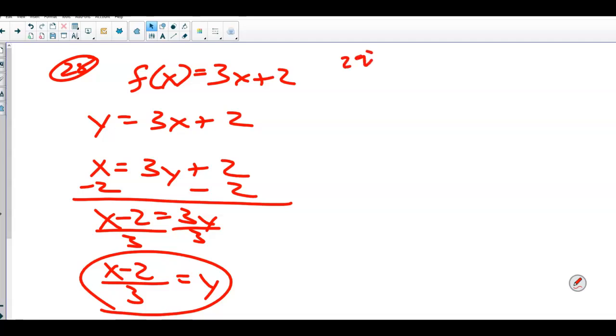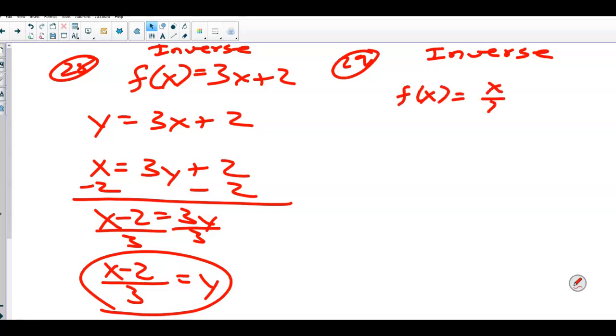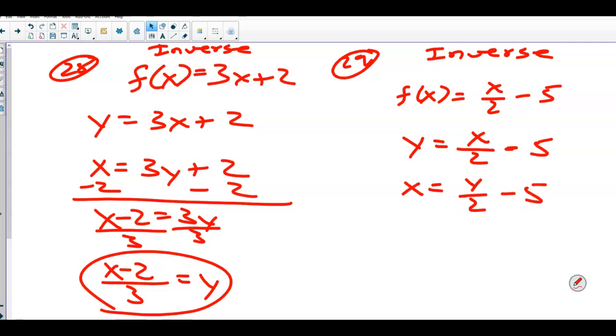For number 29, we're doing the inverse of x over 2 minus 5, which is y equals x over 2 minus 5. We flip the x and the y. I add 5 to both sides, and then I multiply everything by 2.